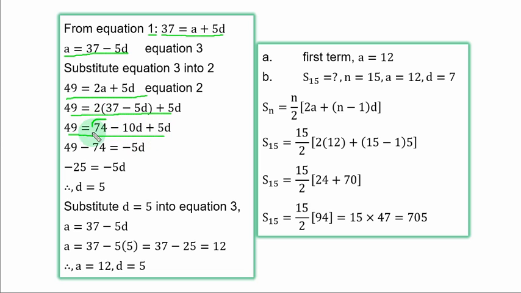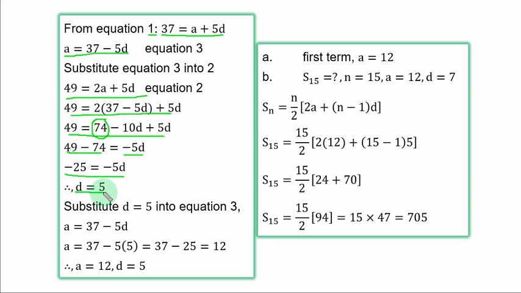You collect like terms. So you have 49 minus 74. If you add minus 10d to 5d, you have minus 5d. So you have minus 25 equal to minus 5d. Divide through by minus 5, you have d equal to 5.